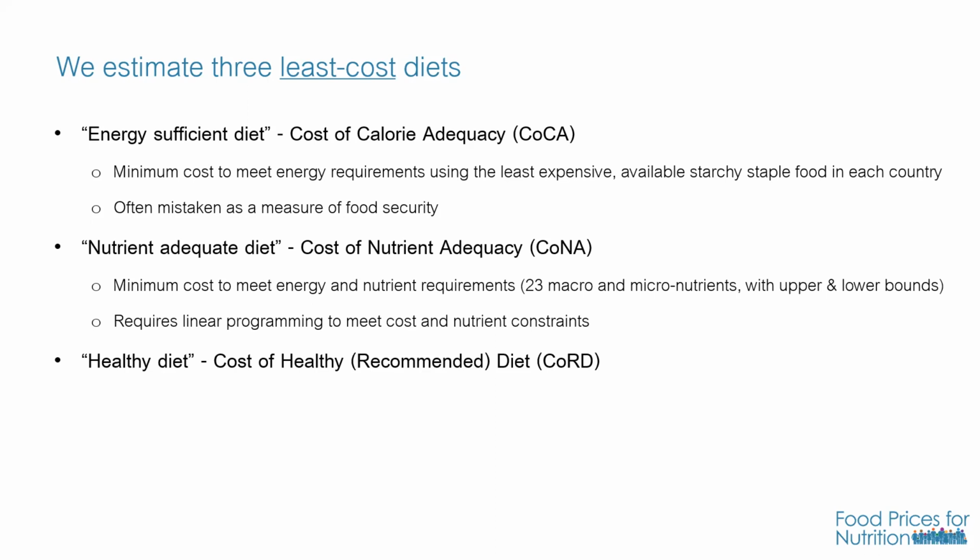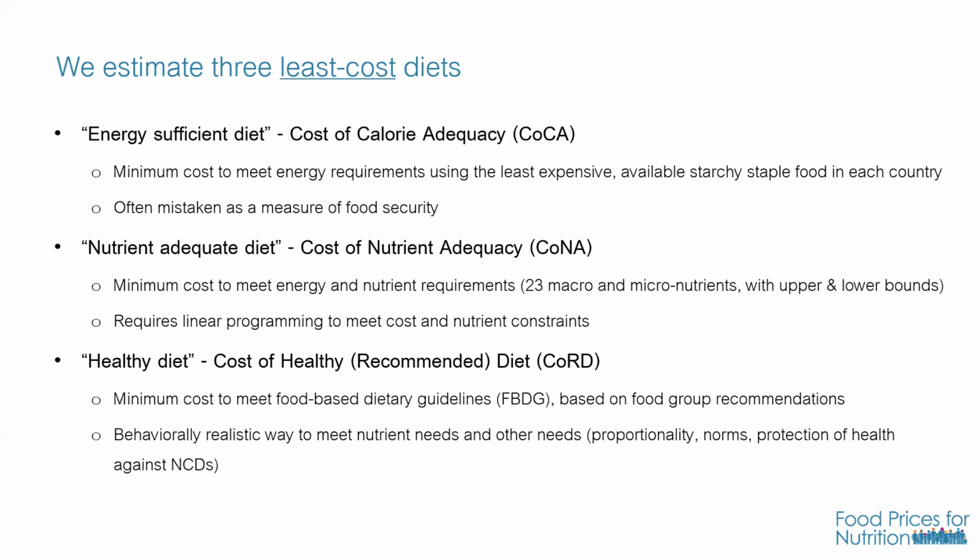And the final metric, the cost of the healthy diet, which we'll be talking about mostly today, is also known as the cost of a recommended diet, or you might have seen it called CORD before. But this is the minimum cost to meet food-based dietary guidelines, which are based on food group recommendations. And this is a behaviorally realistic way to meet nutrient needs.